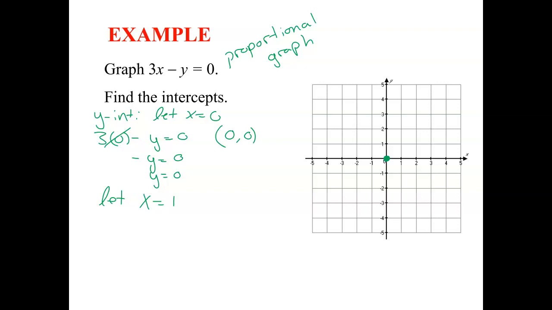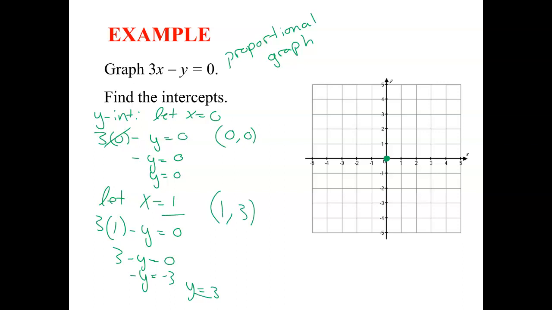They're the same. So let x equal 1. I've got 3 times 1 minus y equals 0. Negative y equals -3. y equals 3. So now I have the ordered pair 1, comma 3. Now I have a new point, and then I can draw my graph.